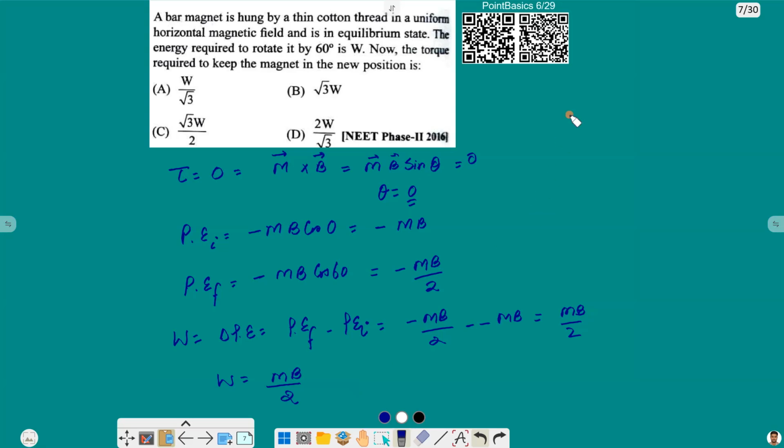So torque acting due to magnetic field will be M cross B, and as angle is 60 degree now, torque will be MB sine of 60. So torque is MB root 3 by 2, and we know that MB by 2 is equal to W. So torque is equal to root 3 times W. That is option B for us. Now let's move to next question.